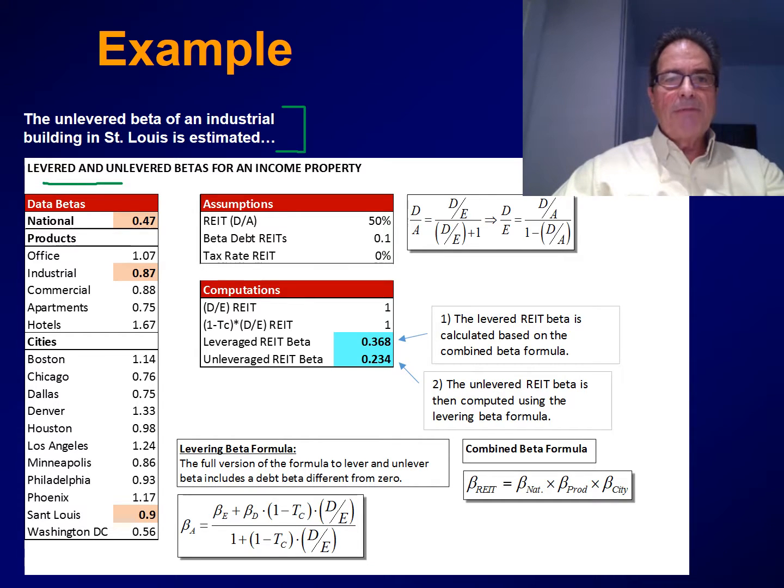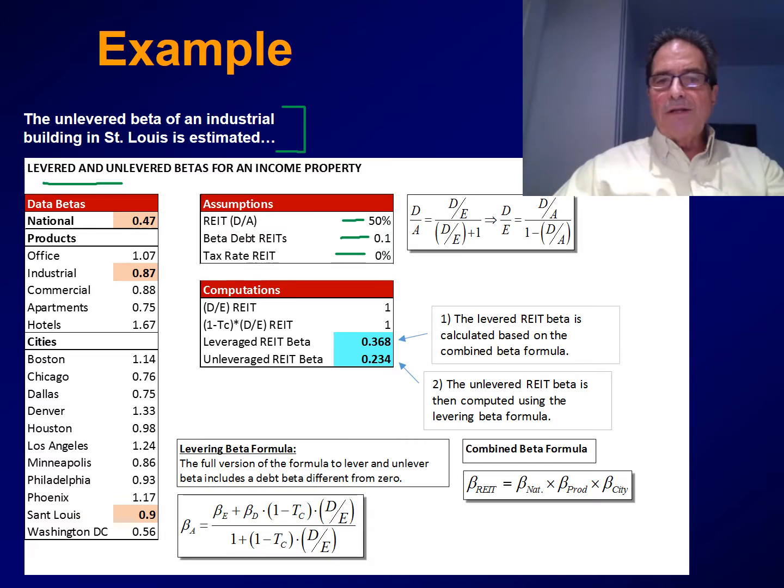Here we have a table in which we just copied the betas that were obtained for the US market, the ones I explained before. We have the following assumptions. The average leverage of REITs is 50%. We assume that the beta of the debt for REITs is 0.1, and we know that the tax rate for REITs at the firm level is 0%, as we explained before.